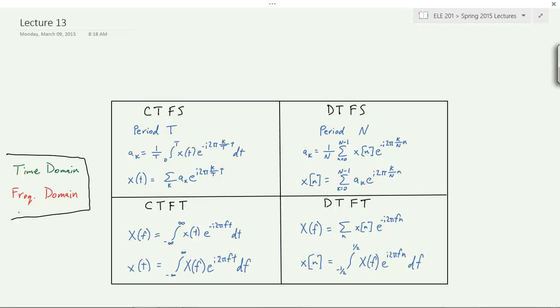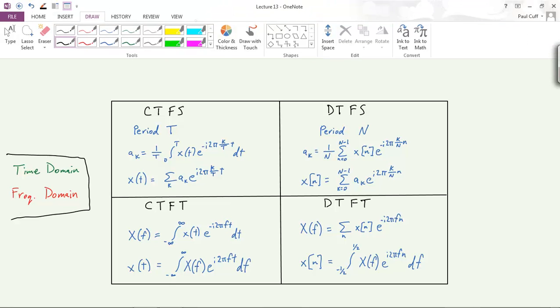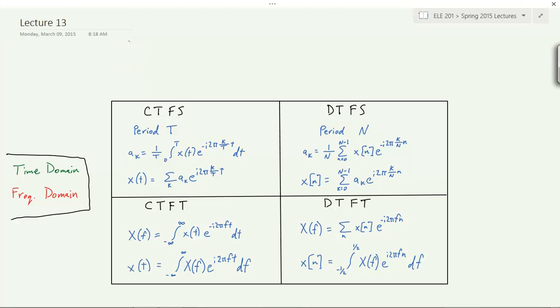Okay, so to begin with, clearly this first column here is continuous in the time domain. That's hence the name. Continuous time Fourier series, continuous time Fourier transform. And this column is discrete in the time domain.